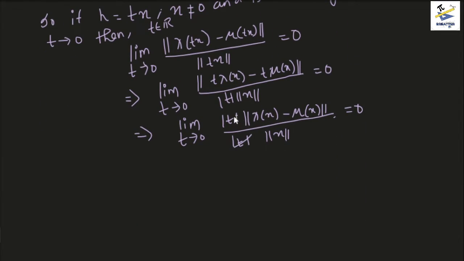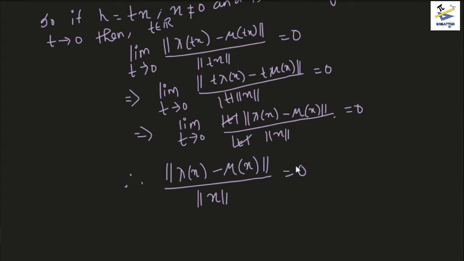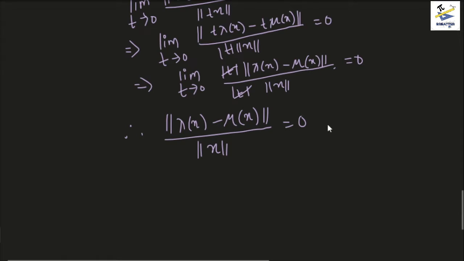The mod t is cut off because it's inside the limit and t is not equal to 0 inside the limit. Therefore there is no condition for limit t tends to 0 anymore, and we see that the norm of lambda of x minus mu of x, divided by the norm of x, is equal to 0, right? This is for all x belonging to R to the power n.